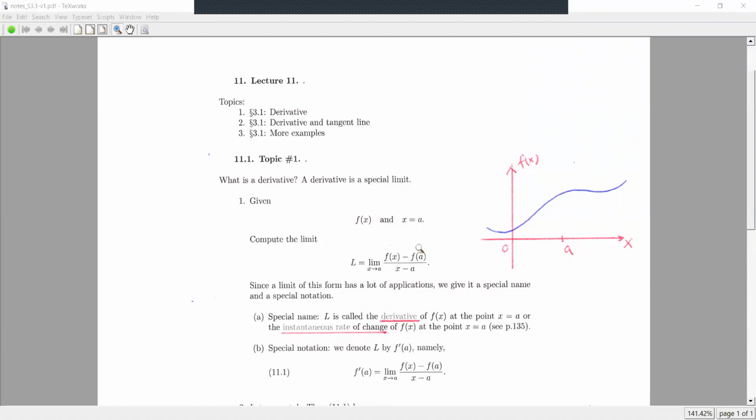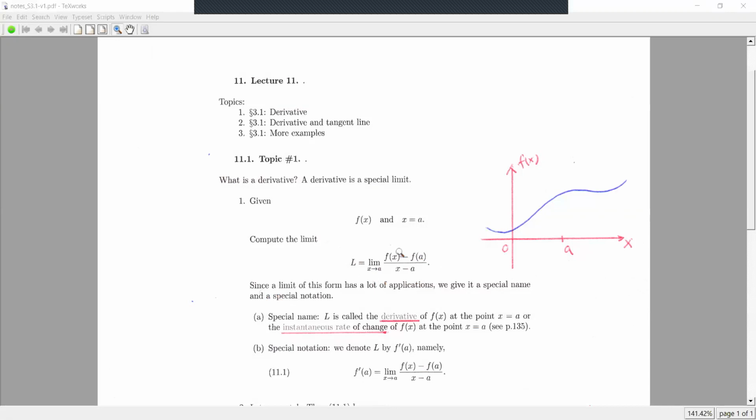Function minus function value at point a over x minus a. Now, let x approach the point a. Then this fraction will approach some number. Denote the number by L.